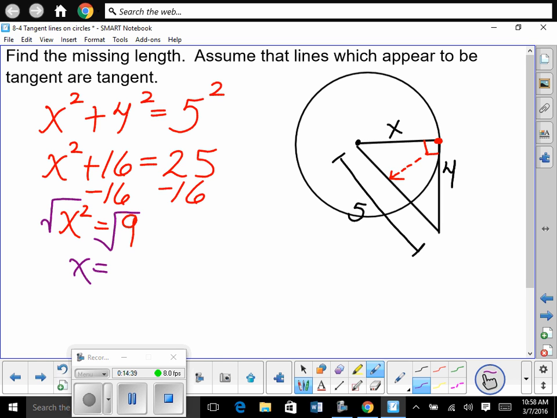3 squared is 9. X equals 3. So think about this, guys. What squared is equal to 9? 3 squared. What else squared is equal to 9? What's 1 squared? 1, right? Think about it before you answer. I don't know.